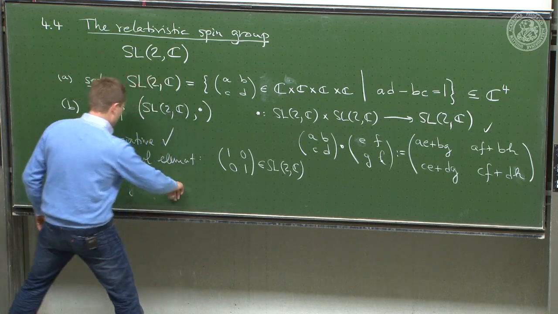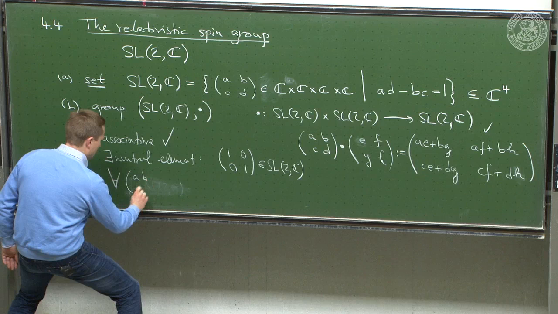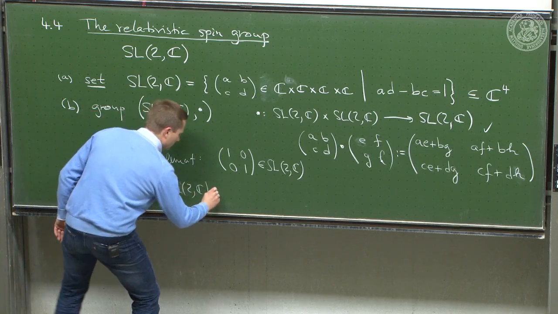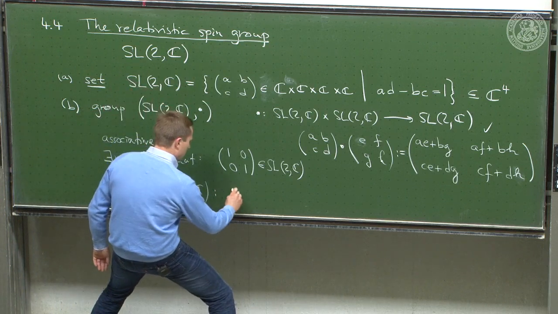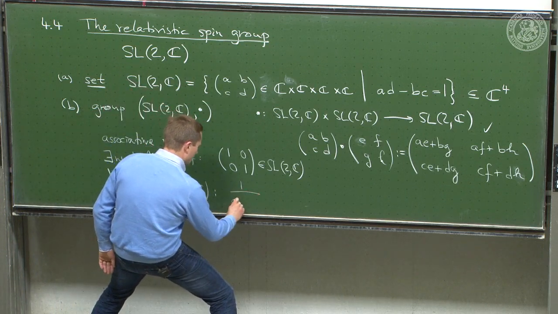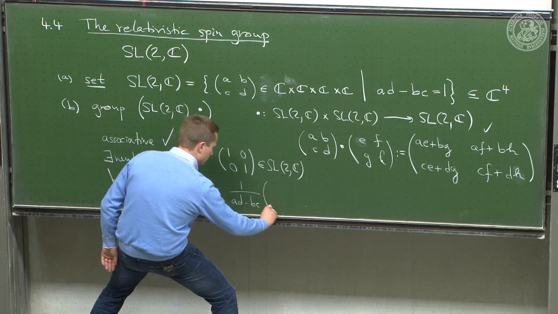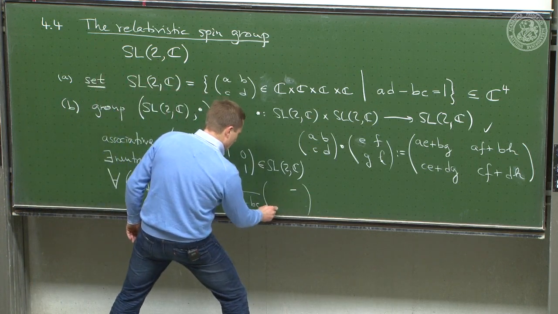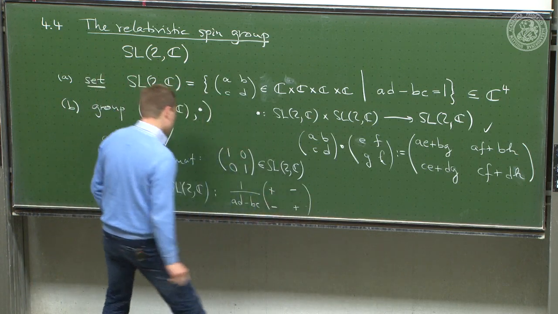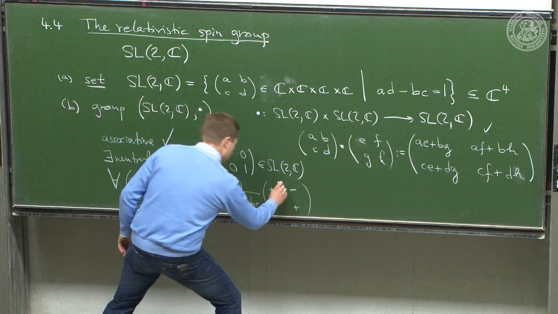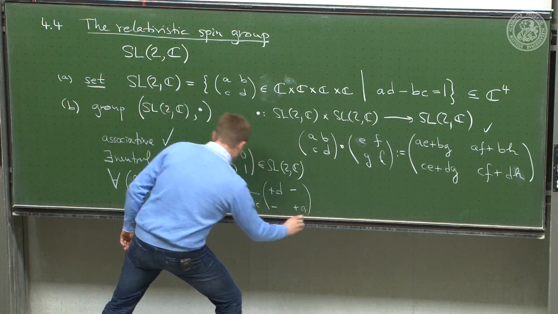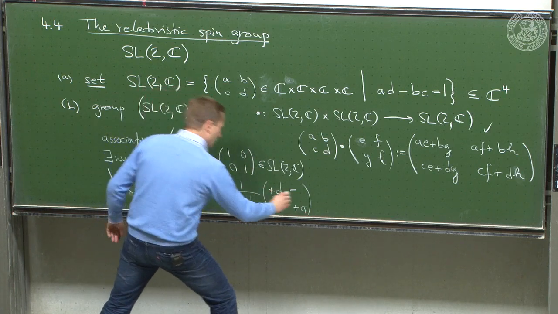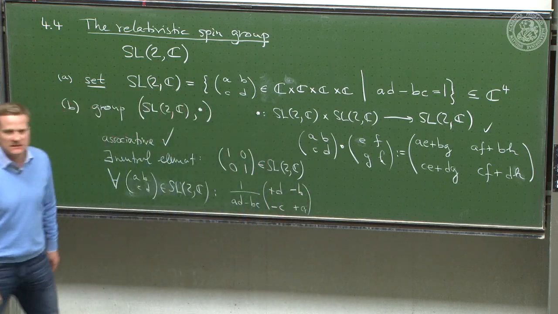Let's write it down. So for every (A, B, C, D) in SL2C, I claim, and you will quickly check, that 1 over AD minus BC times the matrix (D, minus B, minus C, A), with the plus minus pattern, is the inverse.